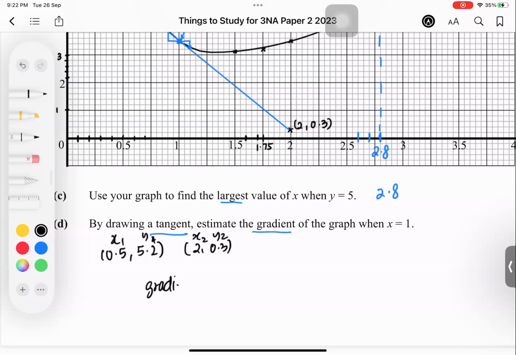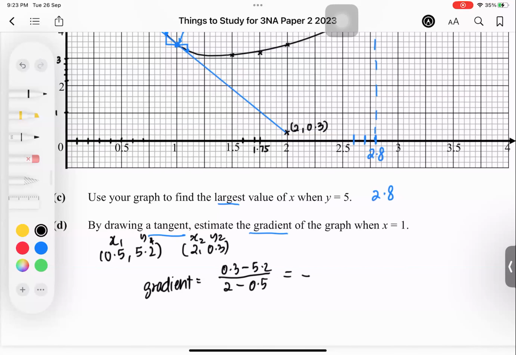Gradient is y2 minus y1, 0.3 minus 5.2, over x2 minus x1. And for this kind of number, again, please don't give me in fraction. Give me in 3 significant figures or decimal places, can? So I got negative 3.2666.